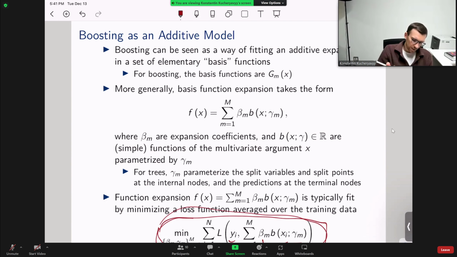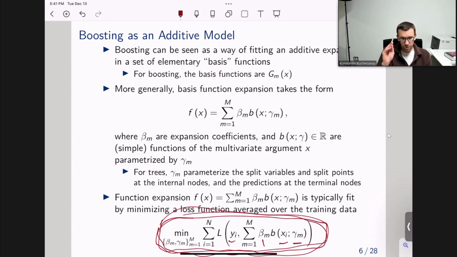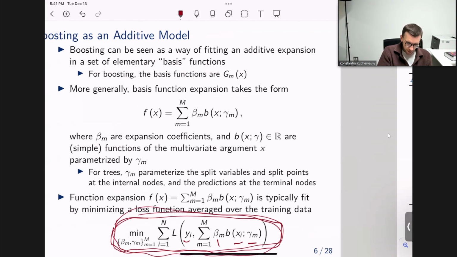So if we're applying a sample analog approach based on the basis function expansions, then this is the problem that we solve.